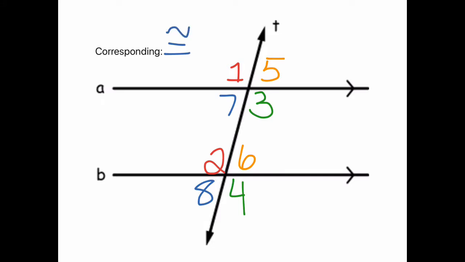So corresponding, congruent. Use that alliteration there to remind you. Corresponding are congruent. So in this particular example, angle 1 is congruent to angle 2. Angle 7 is congruent to angle 8. Angle 5 is congruent to angle 6. And angle 3 is congruent to angle 4 because they are corresponding angles.